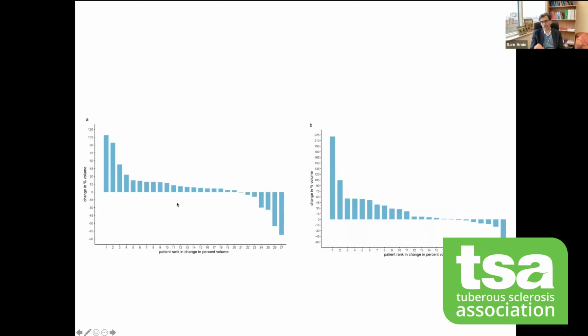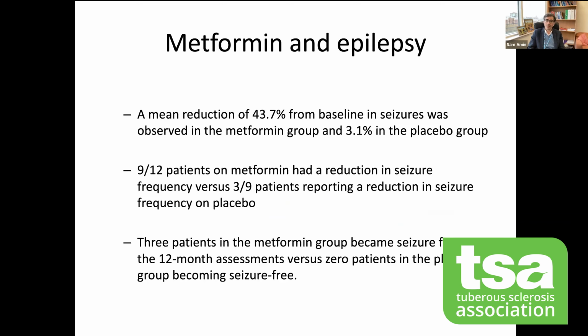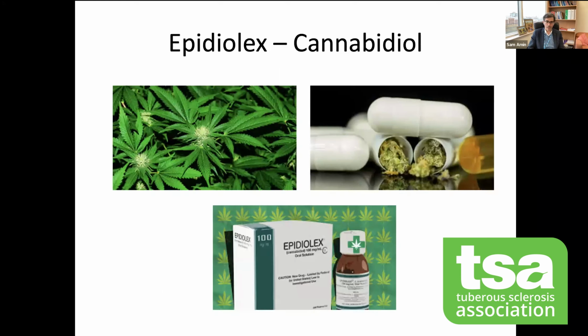Basically, this slide again shows you that those patients who were on metformin did slightly better in terms of kidney angiomyolipoma. When you look at the epilepsy data, again, the treatment effect was obvious. The median reduction was about 40% compared with baseline. So again, this slide tells us that this drug showed some effect on epilepsy and seizure activity.